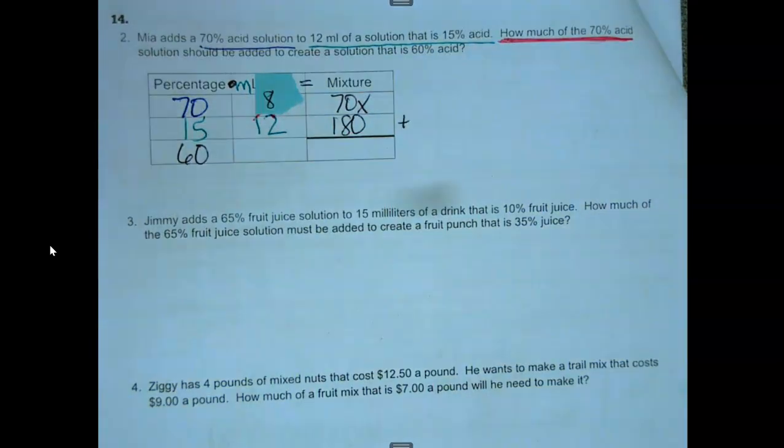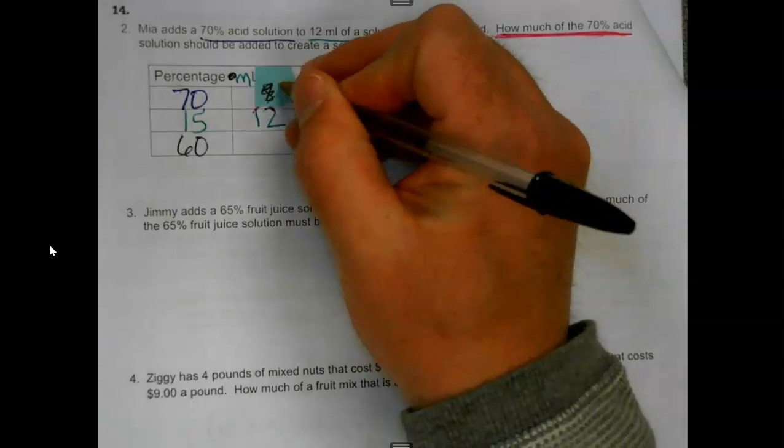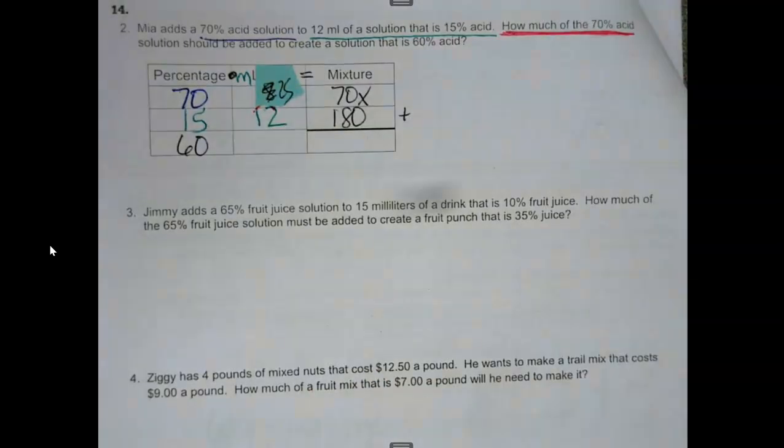So if I had 8 milliliters of 70 and 12 of 15, how many total milliliters would be in my beaker? 20. Okay? What if I said there were 25 milliliters up there? 37, okay? Because we're adding them, right?